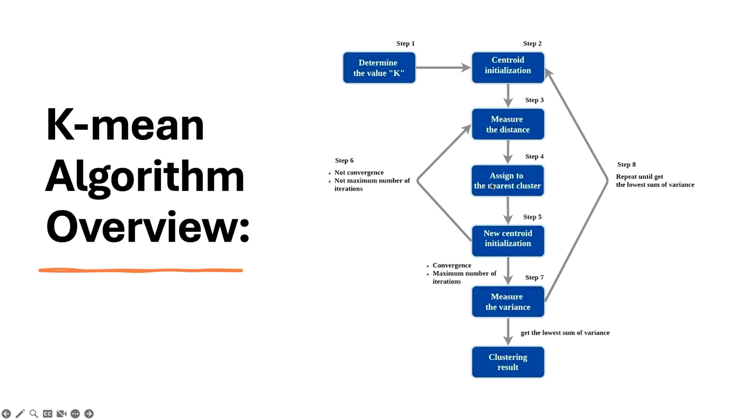Based on this distance, you assign points to the nearest cluster and form new clusters. After calculating distances between other data points, you move to the new centroid, measure the variance, and provide the clusters, and you again start this process. You do this iteratively from step 3 to step 5 until the measure of the variance is good.